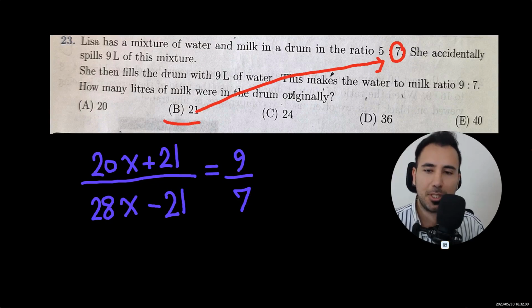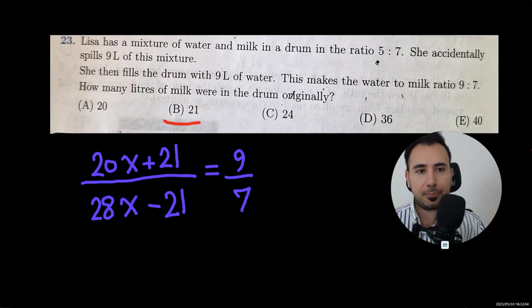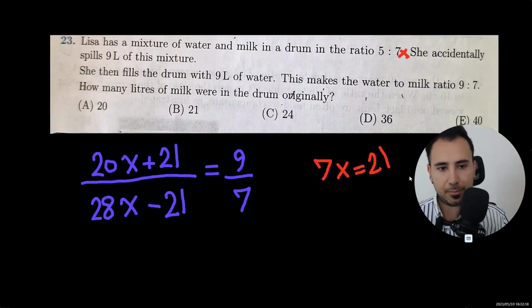So if you just want to try your luck, go with B. Now B is 21. This is 7, that we had this 7x. That makes 7x equals 21. So if our guess is correct, x will be 3.